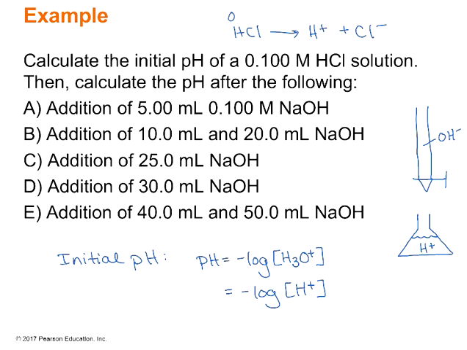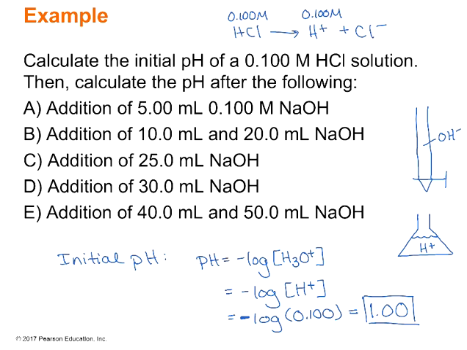So if we're starting with 0.1 moles per liter of hydrochloric acid, that means that we also have 0.1 moles per liter of hydrogen ions after ionization. So we're just going to plug that value in and take the negative log of 0.1. And feel free to pause the video at any point if you want to try these calculations as we go. So you should have gotten a value of 1 for your pH. Okay, so that's our initial pH before we add any base to solution.